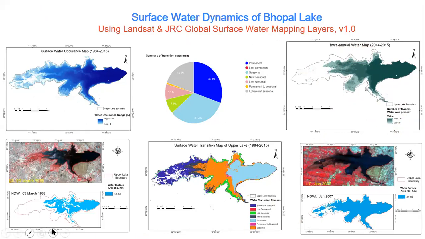And not only that, I can visualize the NDWI map because I have used the Landsat data, and this is the surface water transition map of Upper Lake. That means this area is the permanent lake. Whether it is summer, winter, or rainy season, this area of Upper Lake will have water throughout the season. So this is the water spread area, or we can say the surface water dynamics of the whole Bhopal city.